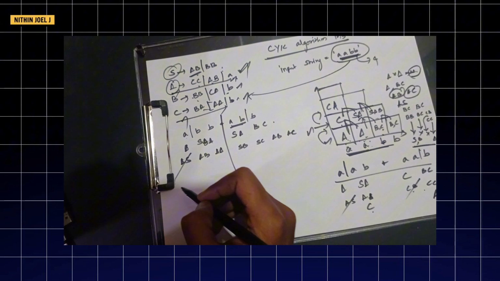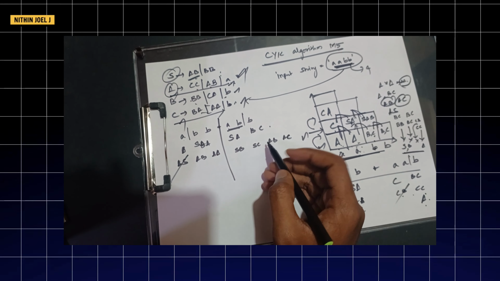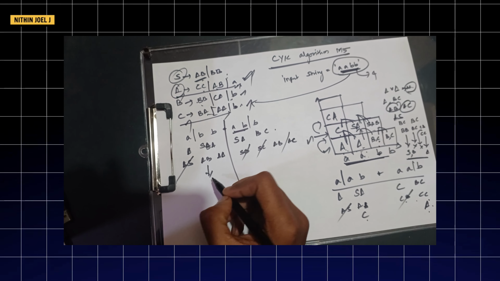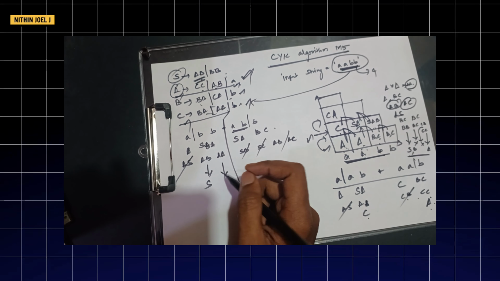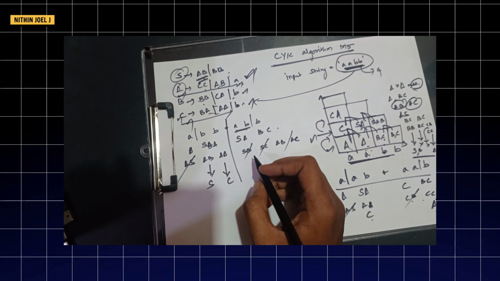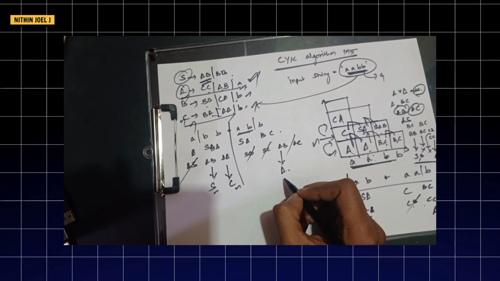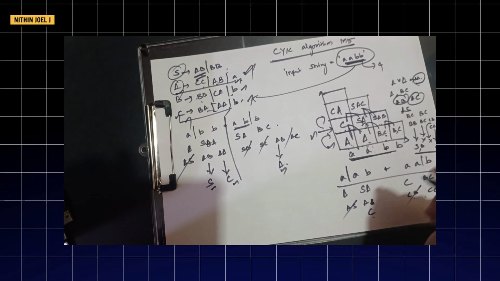Now there are no production rules producing AS over here, and even SB, SC, and AC. And AB is produced with the production rule S, and AA is produced with the production rule C over here. So C. And for AB we have A over here. So S, C, A we have. So S, A, C. I have written over here.